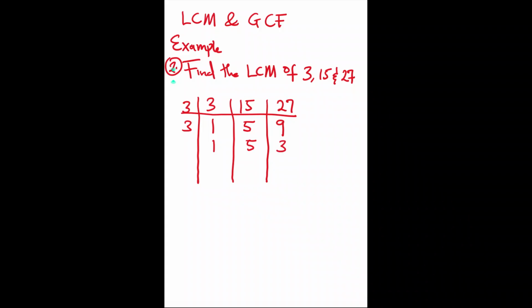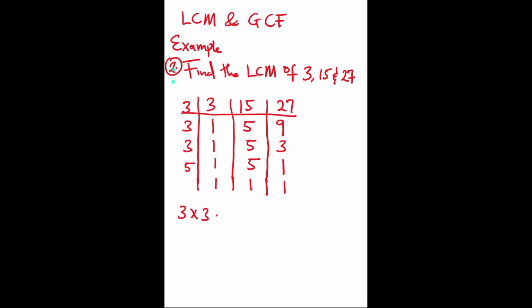So 1, 5, and 9 divided by 3 gives us 3. We can still use another 3. That will be 1, 5, and 3 divided by 3 is 1. So 1, 5, 1. And then the last number is 5. 5 is a prime number, so it can only be divided by 5 to get to 1. So we use 5. That will be 1, 1, 1.